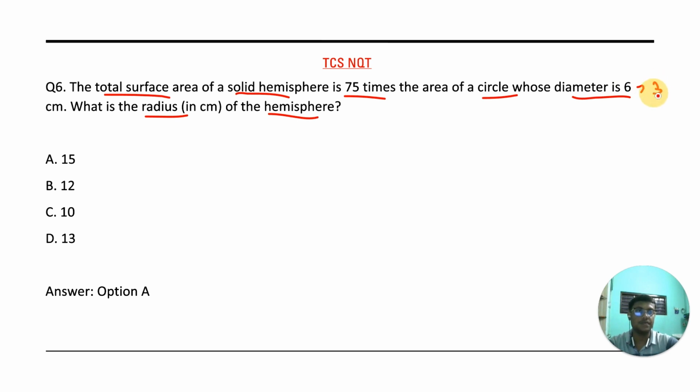Okay, so we have diameter. Now to get radius, we can divide it by 2. And before we form the equation, we should know that the total surface area of a solid hemisphere is calculated as 3 pi r square, and the area of circle is given as pi r square.